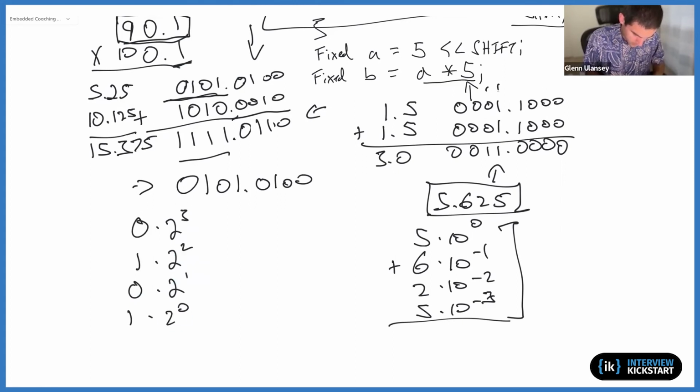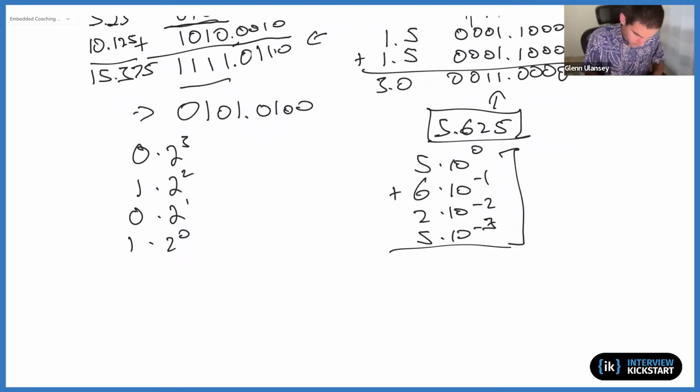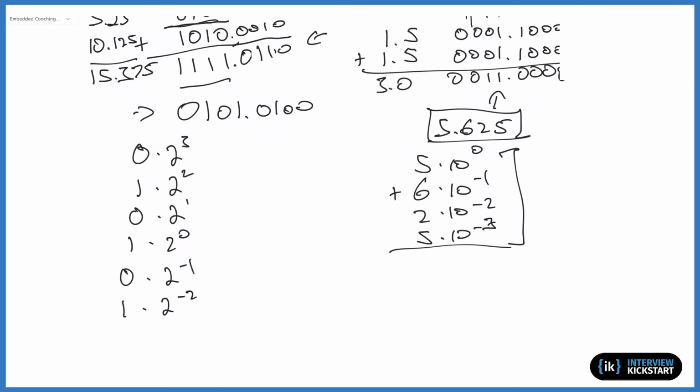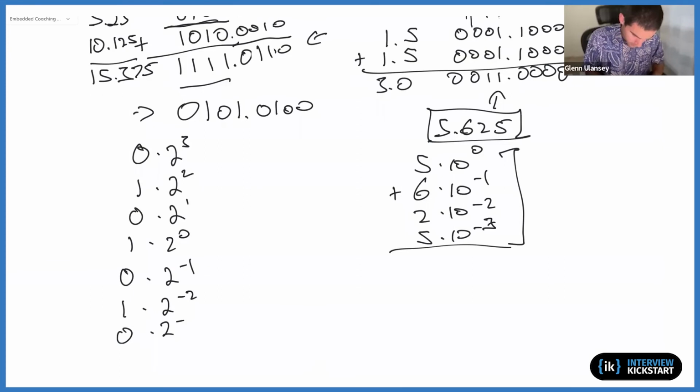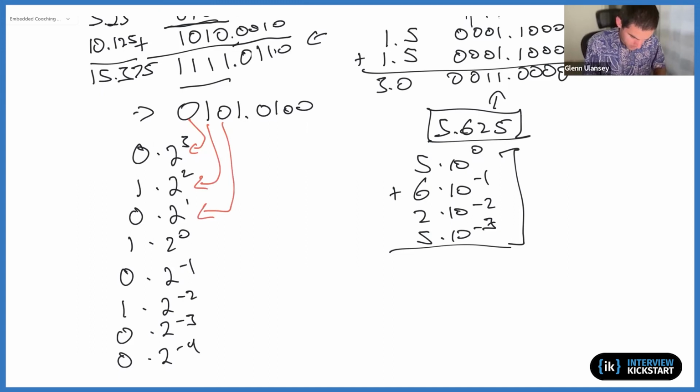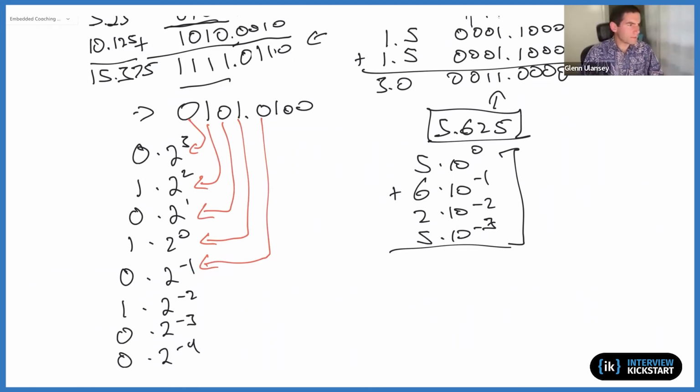One times 2 to the 0th. 0 times 2 to the minus 1. 1 times 2 to the minus 2. 0 times 2 to the minus 3, and 0 times 2 to the minus 4. And to make this even more clear, this one is here, that one is there, and so on down the line. So I have distilled the original number into its individual components.